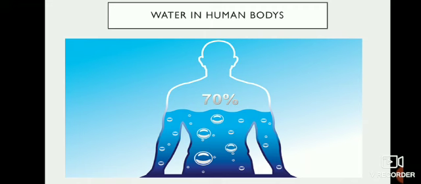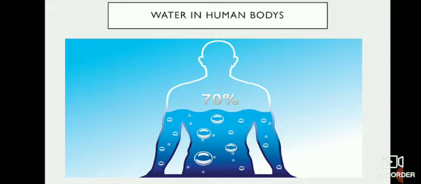So let's see the water in our human body. Our body, that is the human body, is made up of 70% of water. Water is an essential constituent in our food. We cannot survive without water. Our body loses water in the form of sweat and urine.